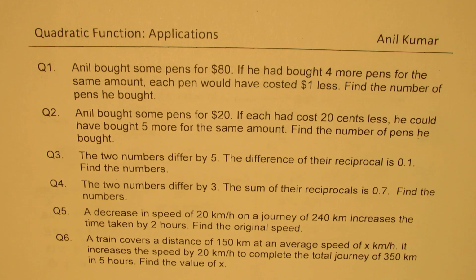And numbers, when we did a reciprocal, we got similar equation to rate. So that is why I clubbed in question number 3 and 4 in between. So they have same structure, same type of solution. We took easy numbers so that you could factor and get the solution. At times, you may have to use quadratic formula, right? So I hope with this, you understand the basic technique of solving such questions.